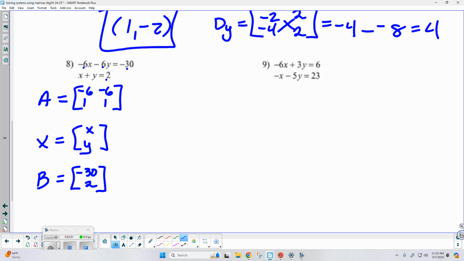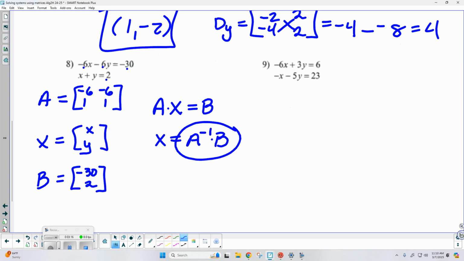Well, here's your matrix equation. You would take matrix A times matrix X, and that would equal matrix B. Now, if we're solving for the unknown X, we would take the inverse of A times B. This is what's key. That's what you want to put in the calculator with your matrices. The inverse of A times B.